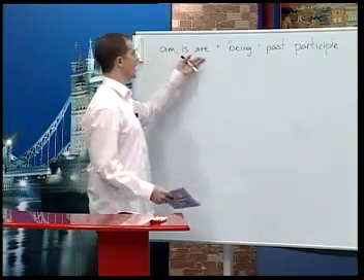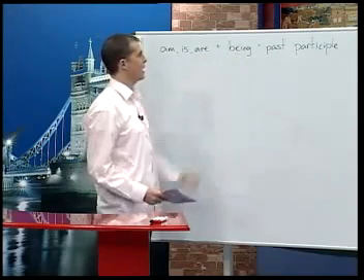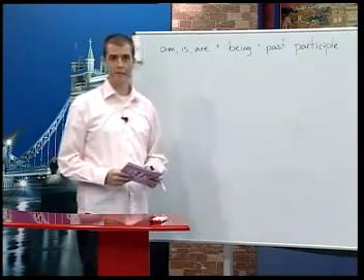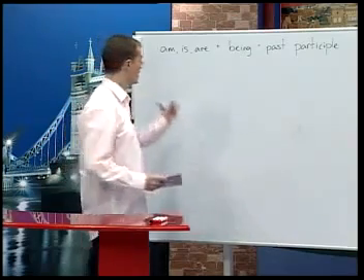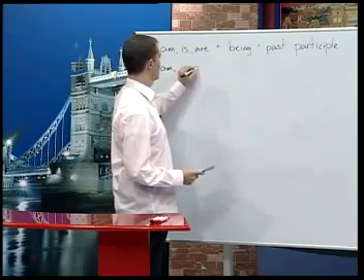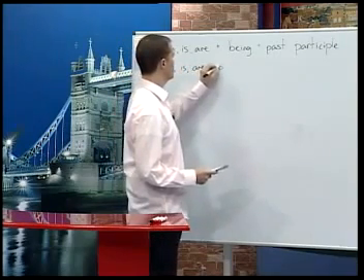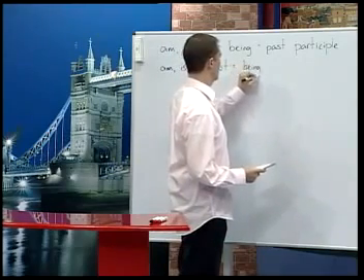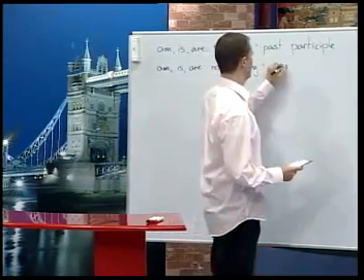So to form the passive voice of the present continuous tense, we use am, is, or are, plus being and the past participle. To form the negative, we use am, is, are not, plus being, plus past participle.